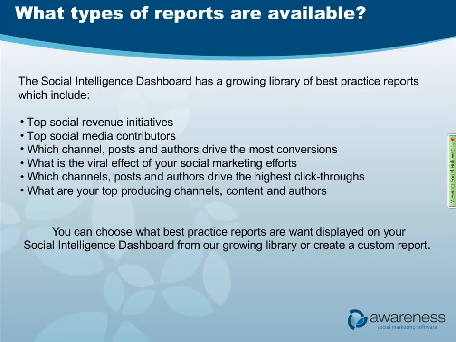So some of the reports: top social revenue initiatives, top social media contributors, which channels, posts, and authors drive the most conversations, what is the viral effect of your social marketing efforts, which channels, posts, authors, etc. drive the highest click-through rates, and what are your top producing channels, content and influencers. So it really is important, and there are a lot more charts that we're updating on a regular basis.